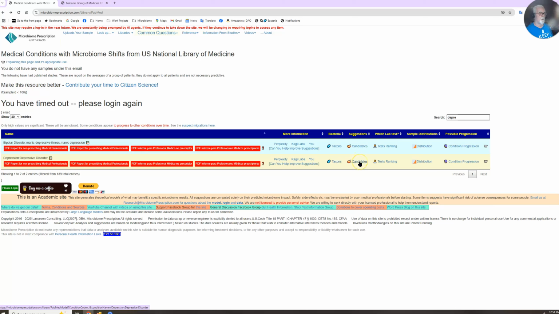Candidate is a little bit more hit and miss because it will look at all these bacteria, in this case a massive number, and try to do it, but it doesn't have the guidance for the relative amount of different bacteria, or at least doesn't yet, I may end up doing some program changes to improve that. And test ranking over here is a feature if you haven't done a microbiome test.